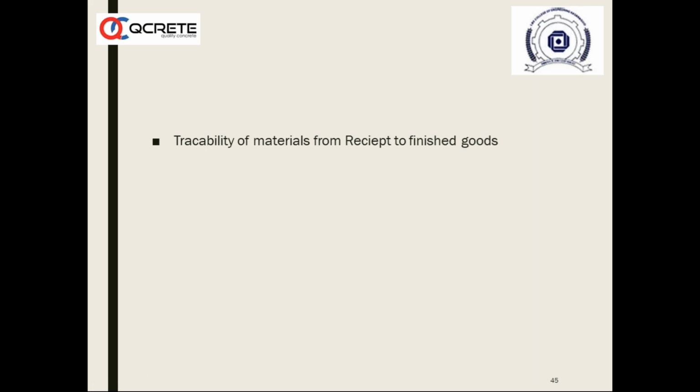The concrete produced has to have traceability, meaning on that day what admixture was used, what cement brand was used, and what aggregate was used, meaning which supplier supplied the aggregates on that day. All these things should be traceable from the finished good to inwards. That is how it has to be done.